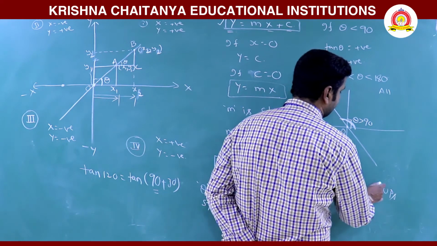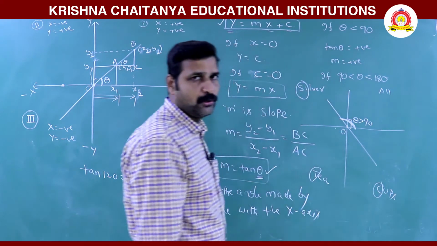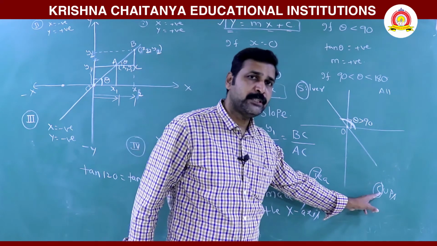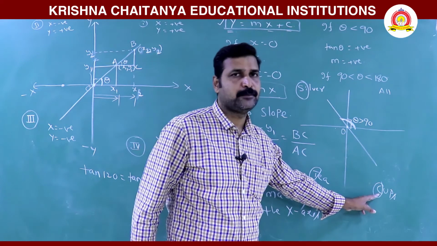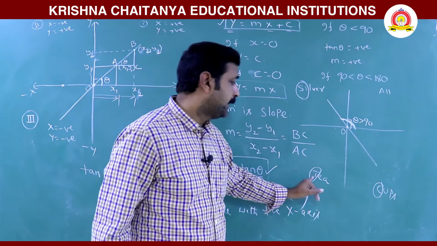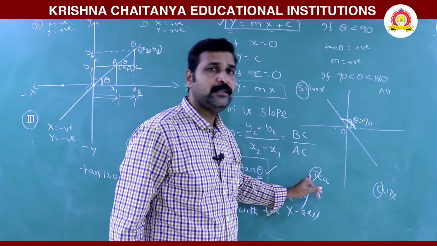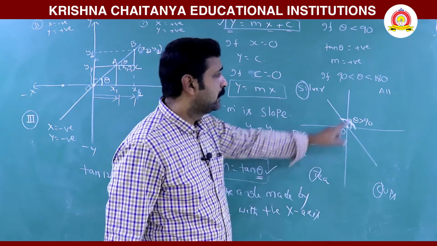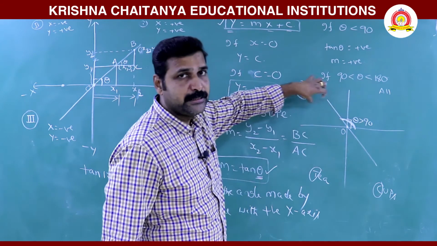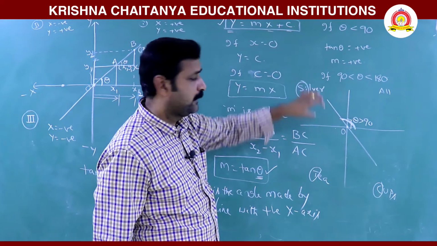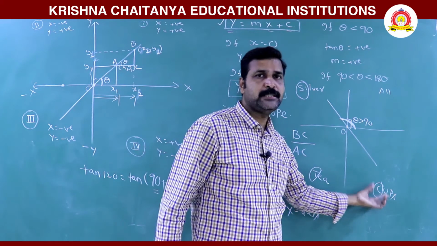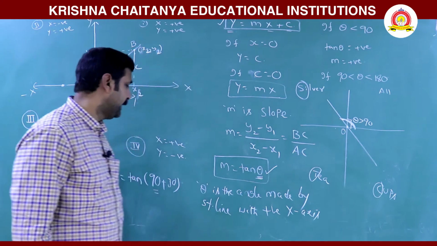Cosine functions are positive in the fourth quadrant. Cosine functions means cos and secant. Sine functions means sine and cosecant. Tan functions means tan and cot. So in the first quadrant all are positive. In the second quadrant only sine is positive. In the third quadrant tan function is positive. In the fourth quadrant cos function is positive. Then here, 90 plus 30.